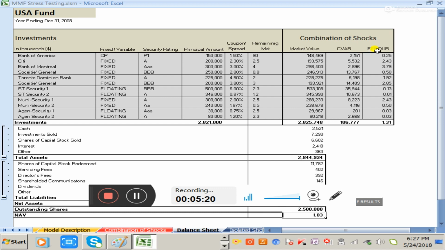The third measure is the effective duration, which is typically a measure for calculating interest rate risk. These three measures, along with NAV, complete the results of the stress test in this particular tool. There are so many of them, but what this tool concentrates on conceptually are these three values and ultimately the NAV.